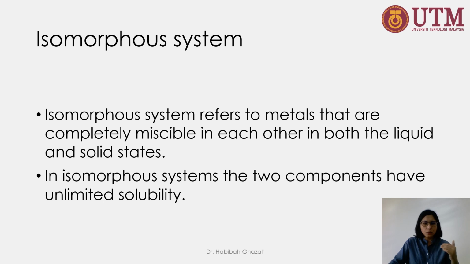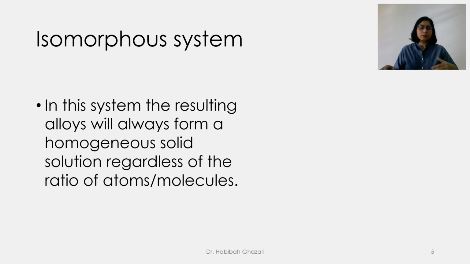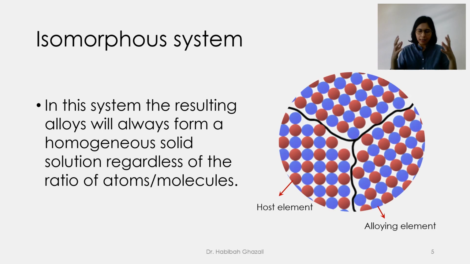So in isomorphous system, the two components have unlimited solubility. So for this type of alloy, the resulting alloy will always form homogeneous solid solution regardless of the ratio of atoms. So when you look under the microscope, you can see different grains.